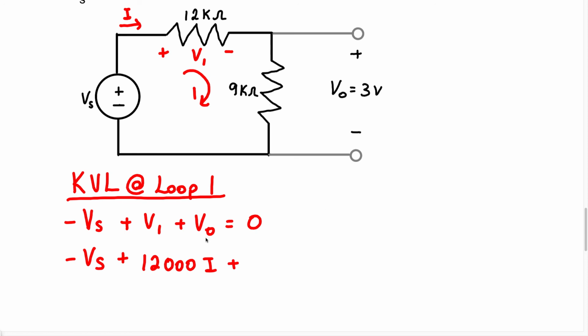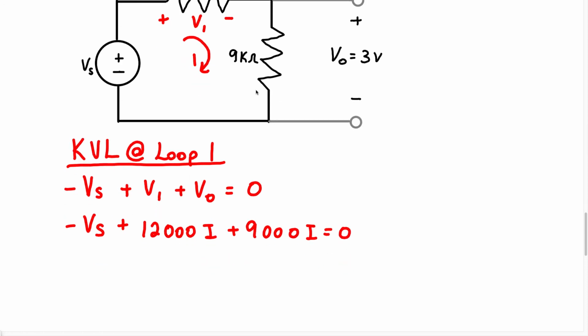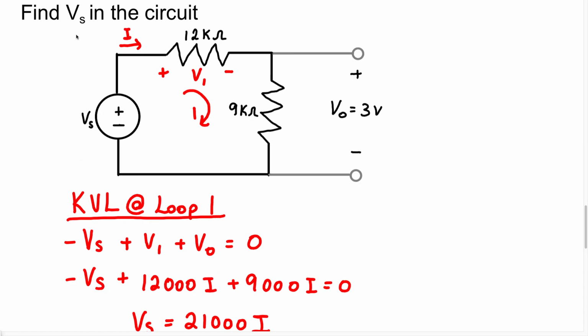Now instead of writing it as VO or even substituting in 3, I'm just going to write it as 9,000 I equals 0. So when we start to solve for this, we can say Vs equals 21,000 I.